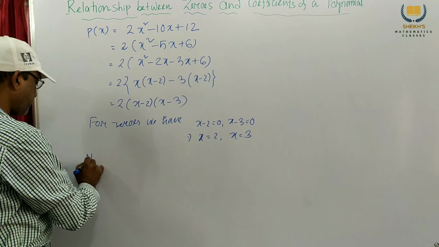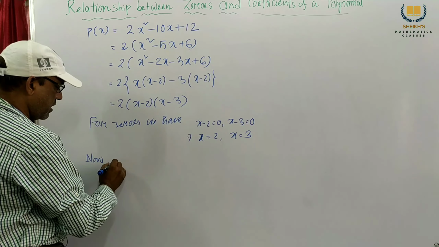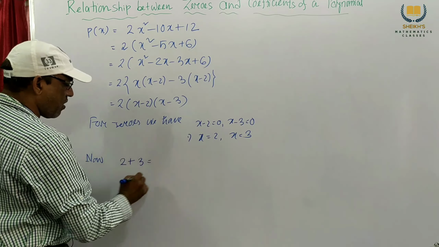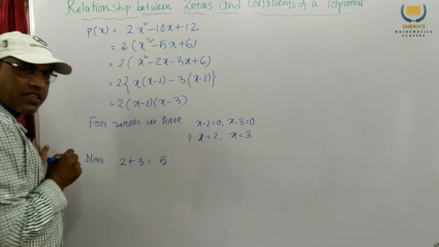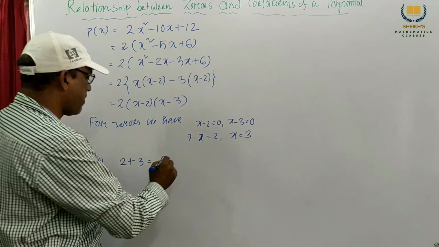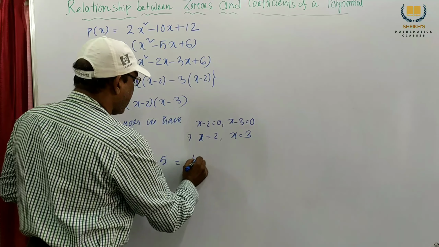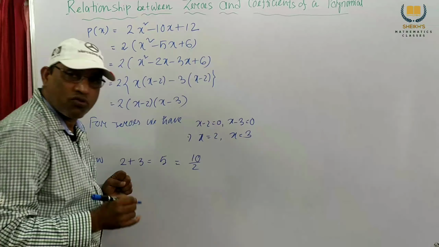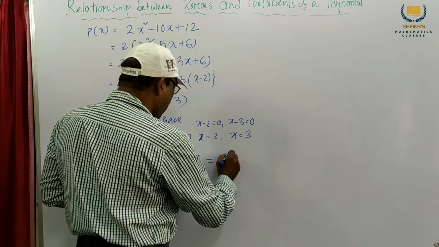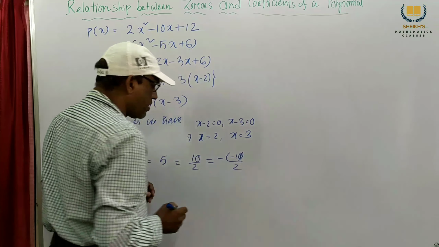Now, we have a relationship between zeros and coefficients. If we add these two zeros, 2 plus 3, we get 5. And 5 we can write as 10 by 2, that is, minus of minus 10 by 2.